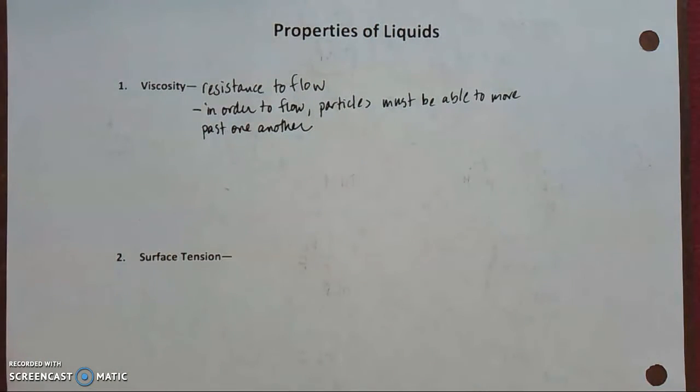If you think about it, something that's really small is going to be able to move past other molecules that are small easier than something that's really big or has a lot of branches. And also, if the intermolecular forces are attracting different molecules, they're not going to be able to move past one another easily. It's going to be more sticky. So if you want to think of it like that.